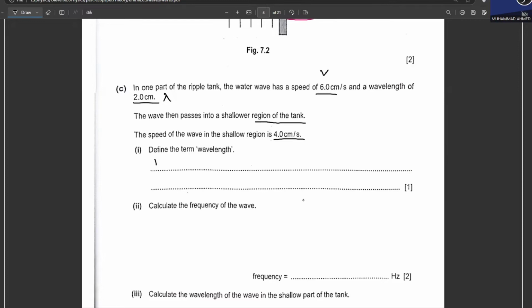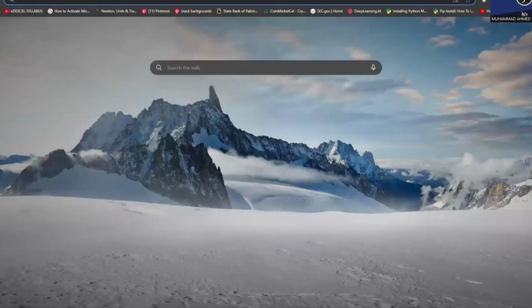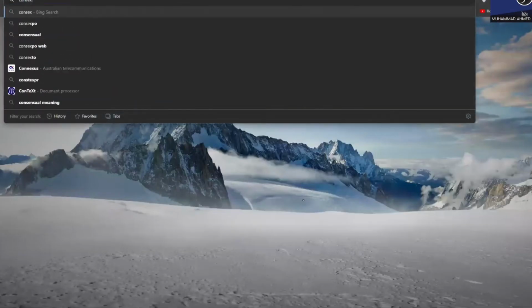Describe the term wavelength. Distance between two consecutive, consecutive. I hope I have written consecutive. Let me search the spelling of consecutive. Yeah.